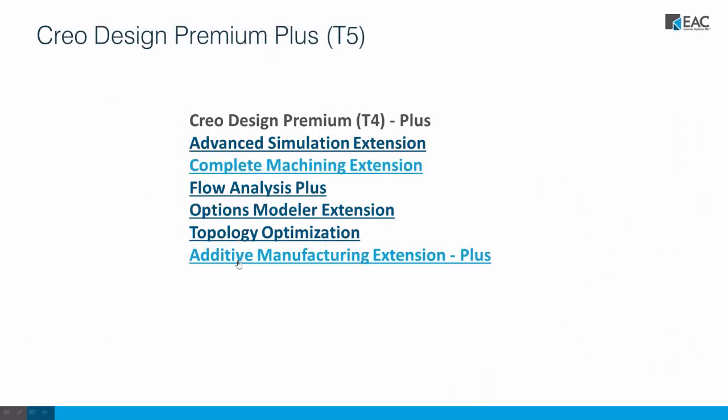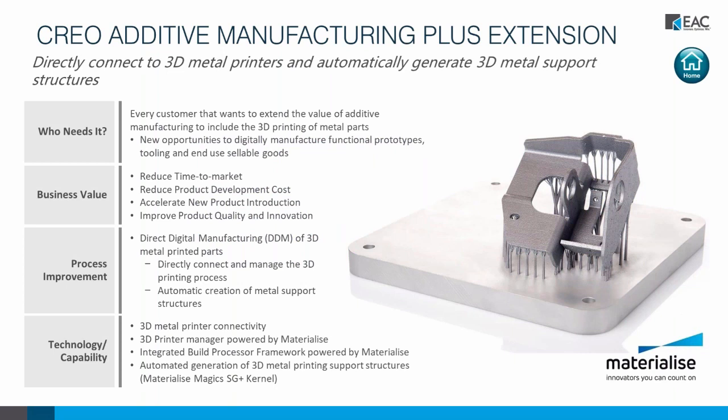And then finally, we have Additive Manufacturing Extension Plus. So we talked about additive manufacturing again. That's the ability to do the 3D printing, but with the plus, again, with Creo 5, we started working with a company called Materialise. Not only do they do 3D printing of plastic components, but with the plus version of this, they also do metal 3D printing, right?